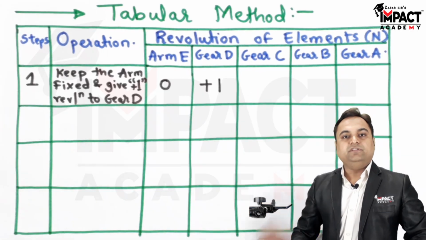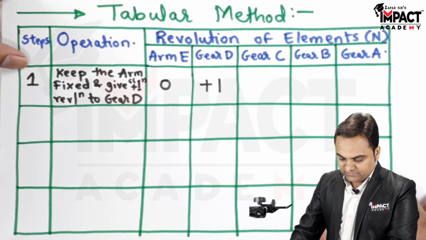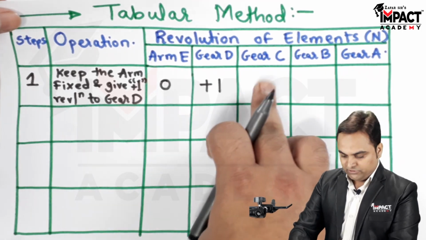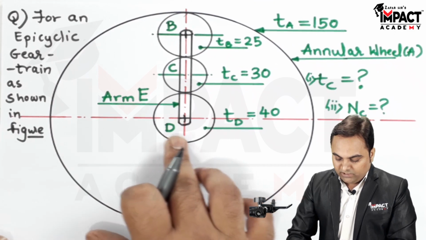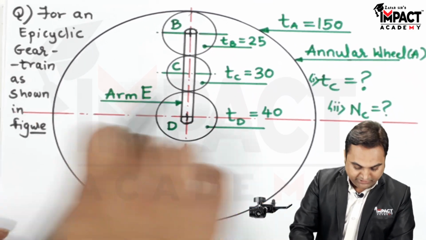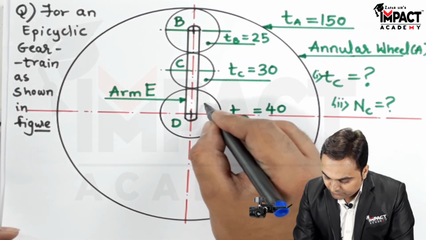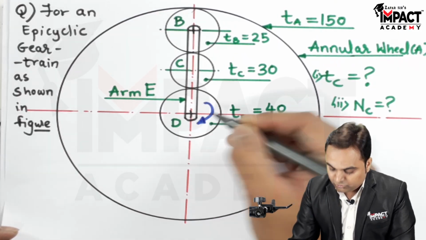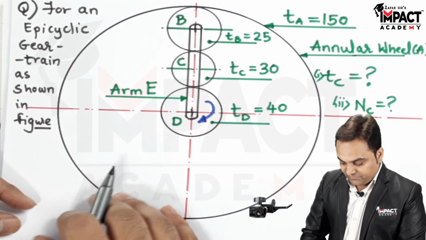For that I would be using the concept of velocity ratio, and I am just explaining that concept, how to get the speed of gear C. When we are giving +1 revolution to D, it means D is rotating in a clockwise sense, because as per our convention, clockwise rotation we are going to treat as positive, anti-clockwise as negative.